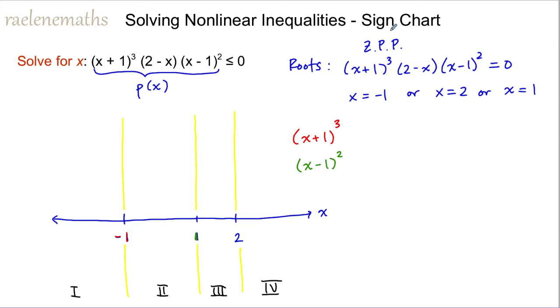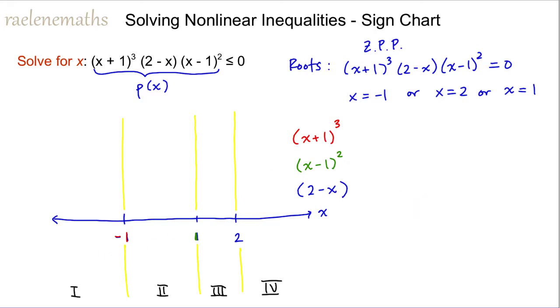Remember, in a sign chart, we are looking at products of positive and negative signs. And so if we have 3 signs versus 2 signs, there will be a difference in the answer. Negative times negative times negative is different from negative times negative. And lastly, we have the factor that gave us the root of 2, which is 2 minus x. We have to list it exactly as it appeared in the function.